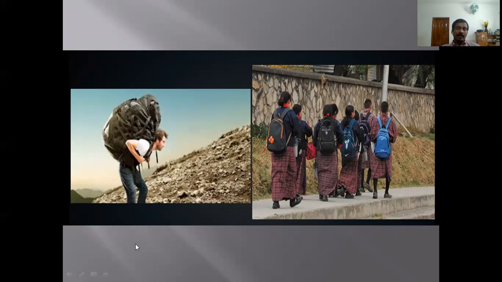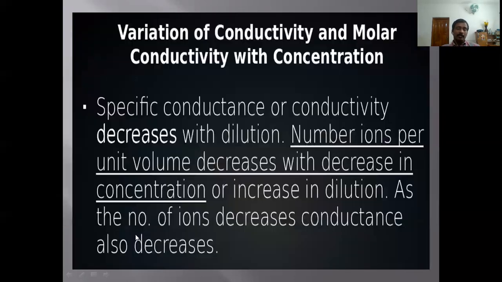Now we can analyze the variation of conductance with dilution. First, we can see the case of specific conductance. What is the definition of specific conductance? Specific conductance is defined as the conductance of unit volume of electrolyte, or 1 ml of electrolyte. Whatever may be the concentration, it is the conductance of 1 ml.